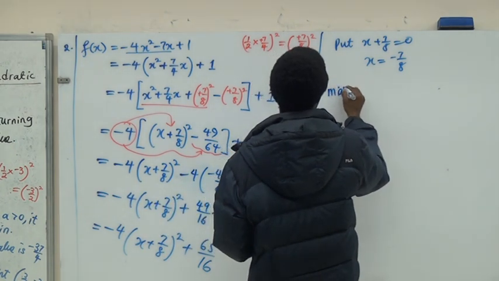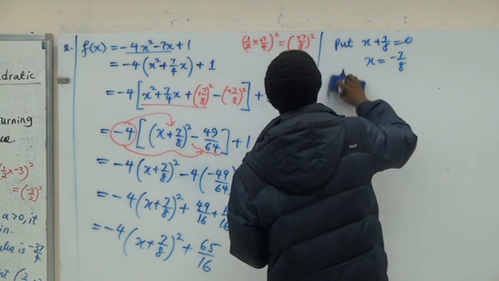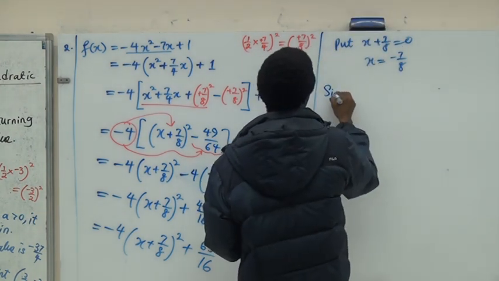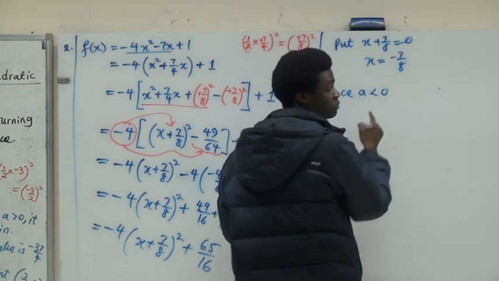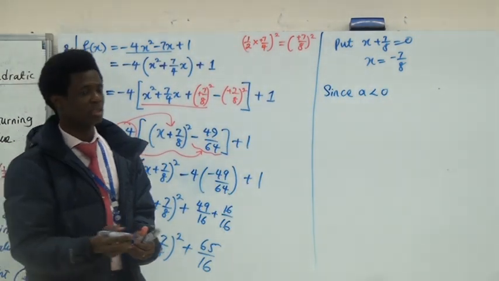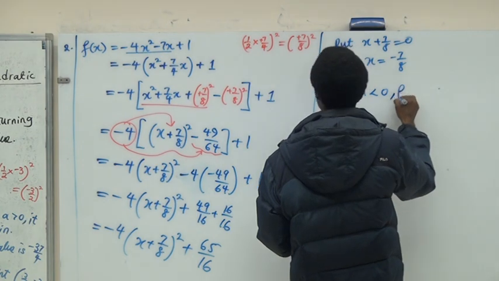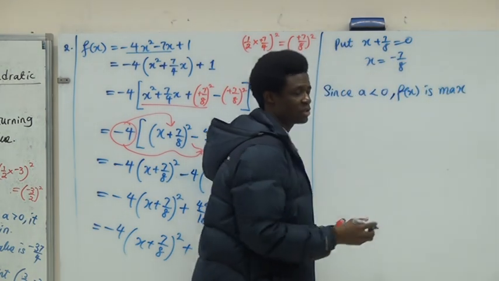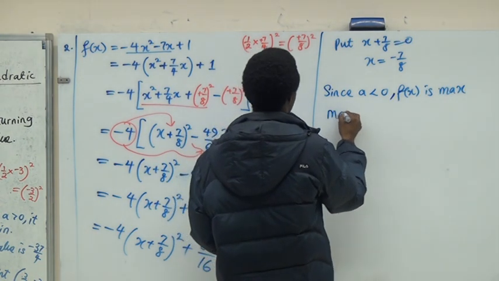So the maximum value, it is maximum, why? It is negative. Since a is negative, we call it a, right? Since a is negative, then f of x is maximum, right? What is the maximum value?